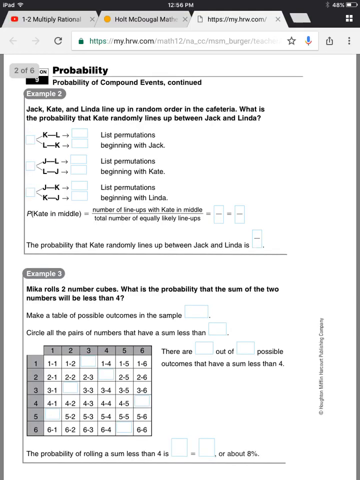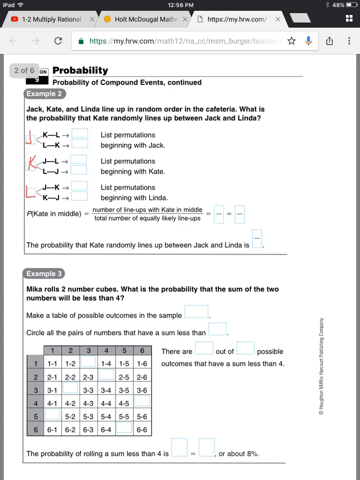Jack, Kate, and Linda line up in a random order in the cafeteria. What is the probability that Kate randomly lines up between Jack and Linda? The first person to line up could be Jack, Kate, or Linda. If Jack lines up first, he could be followed by Kate and then Linda, or Linda and then Kate.